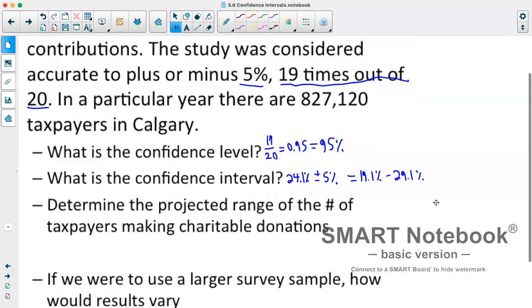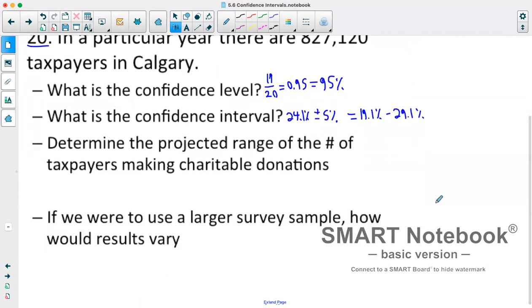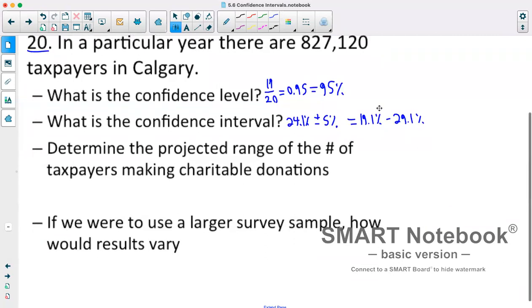Okay, so now we want to figure out the actual range of people making charitable contributions. So what we'll do is we'll take the overall population and multiply it by each of these percentages as a decimal. So 827,120 times 0.191.